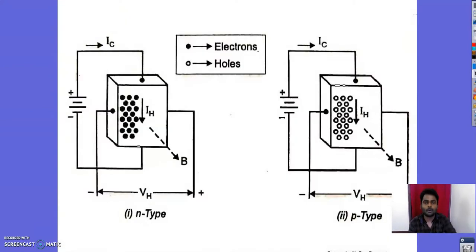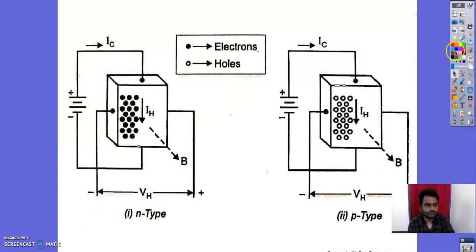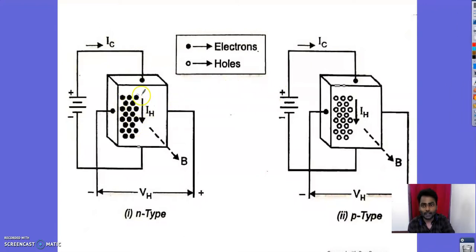Here is a diagram of Hall effect operation for N-type as well as P-type. This is your Hall element or Hall generator. Here the majority charge carriers are electrons, so it is termed as N-type. Here the majority charge carriers are holes, so it is termed as P-type. This is the direction of the flux density.